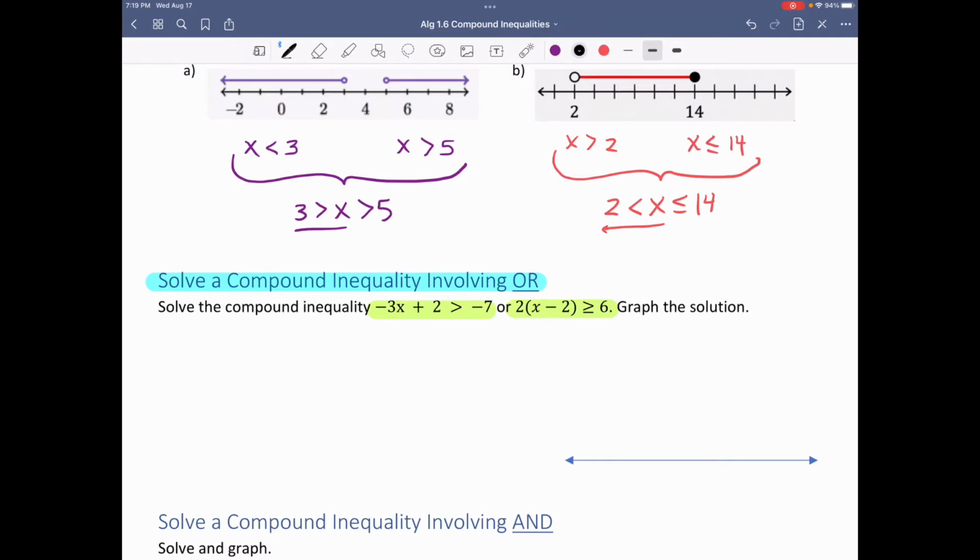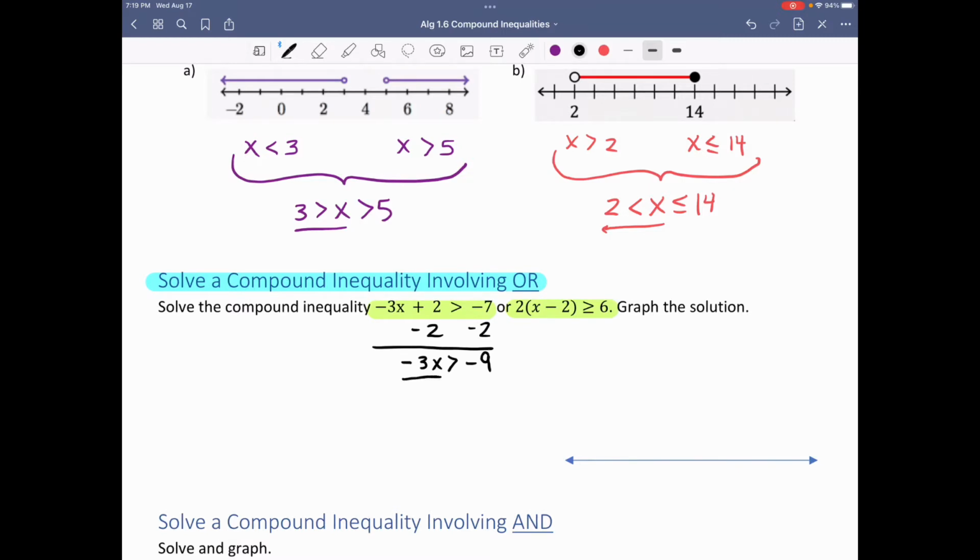The first thing we do is we subtract 2 on this one. The 2's cancel. Negative 7 minus 2 is negative 9. Bring down the greater than, bring down the negative 3x. Next, we have to divide by a negative.